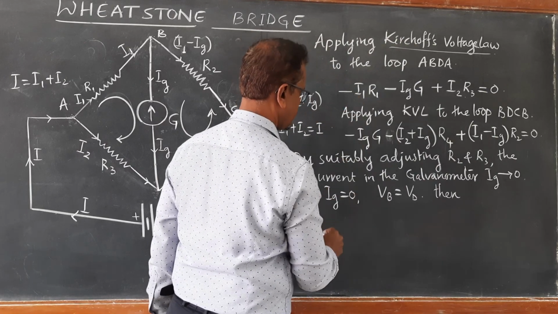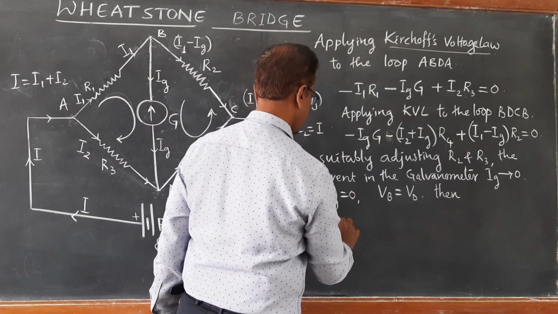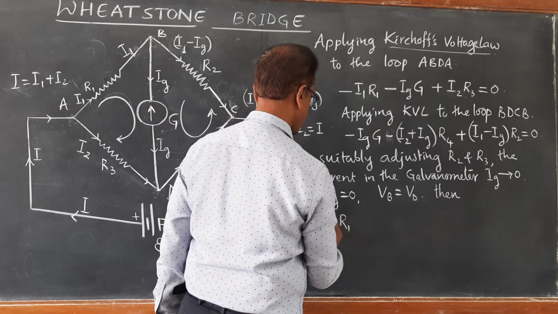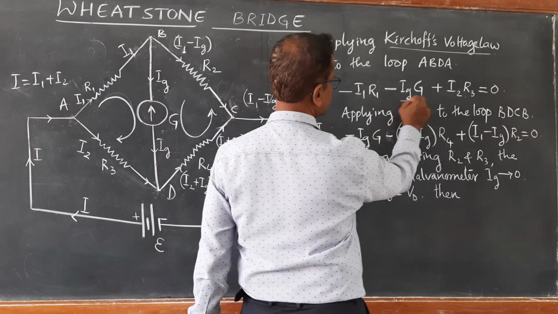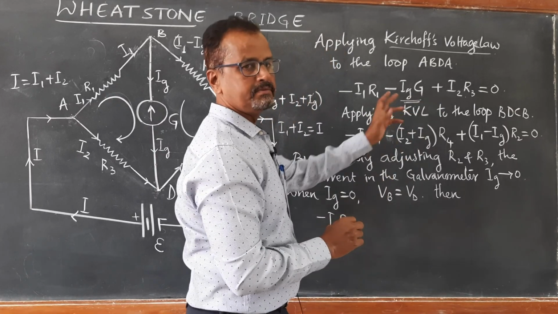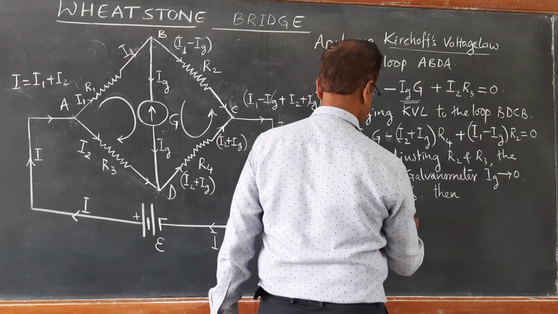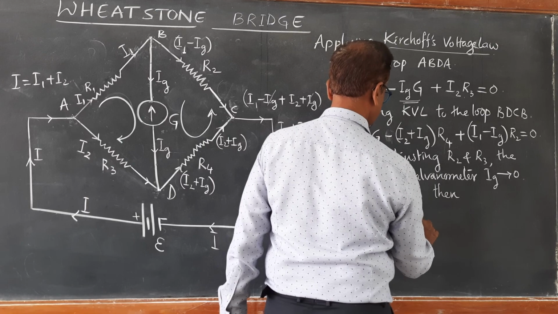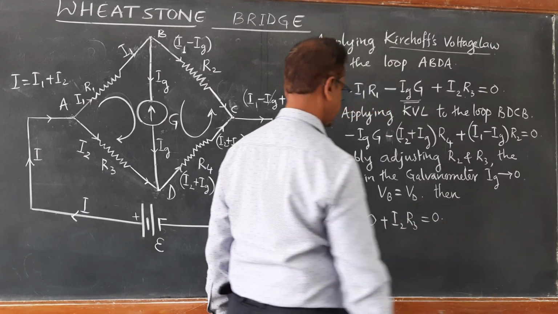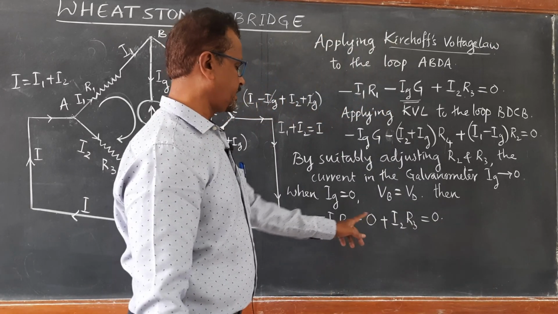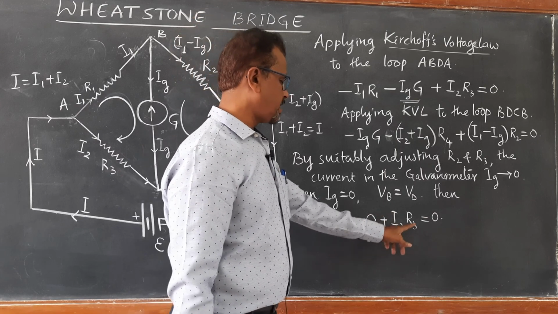Look at the equation above. I1 R1 minus, and this middle term IgG becomes 0. Minus 0 plus I2 R3, this becomes 0. So I can write it as I1 R1 equal to I2 R3.